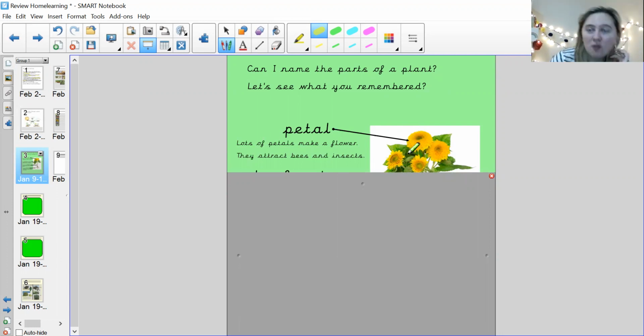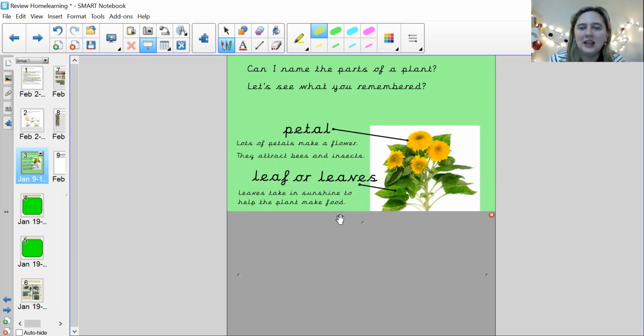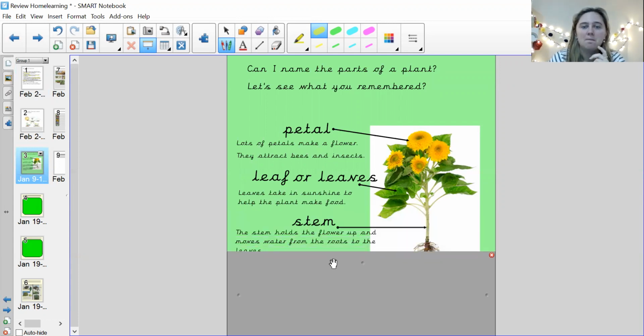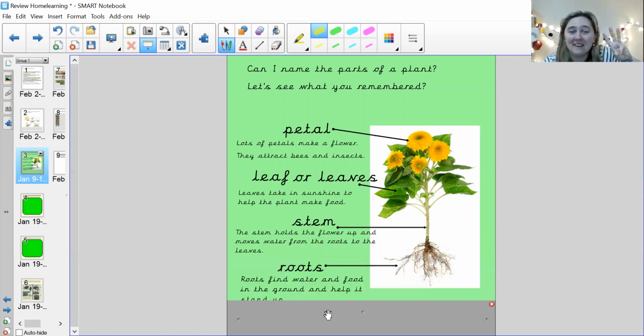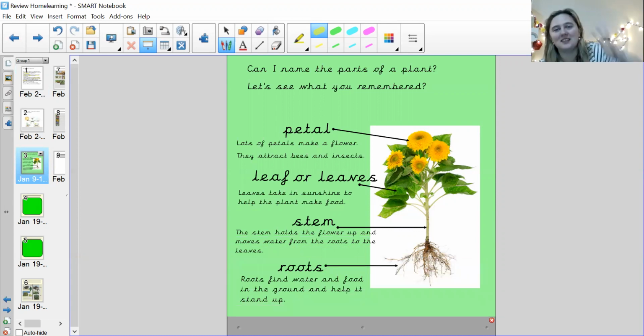The leaf or leaves. Stem is the 3rd part, isn't it? And can anyone remember the last part? Root. Well done. We've got petals, leaves, stem, and roots. Fantastic.